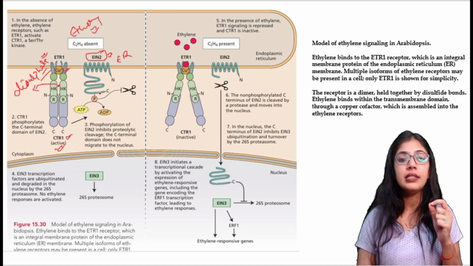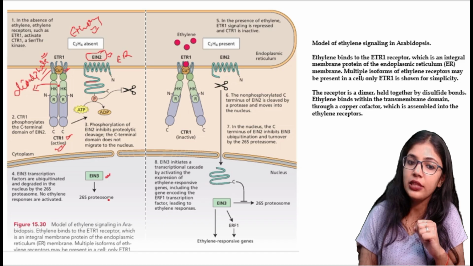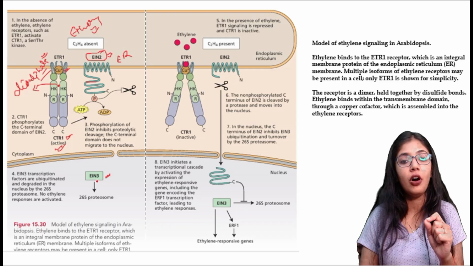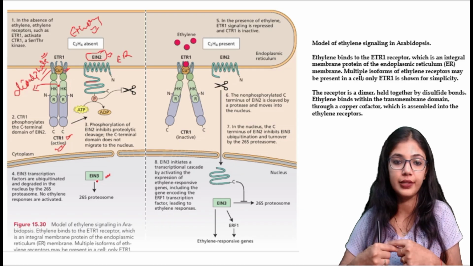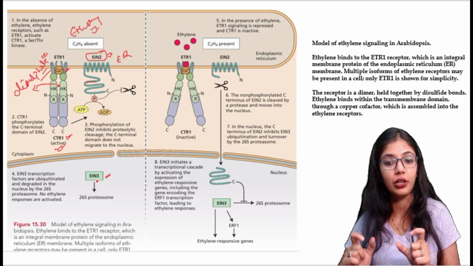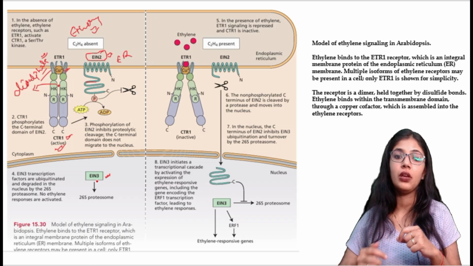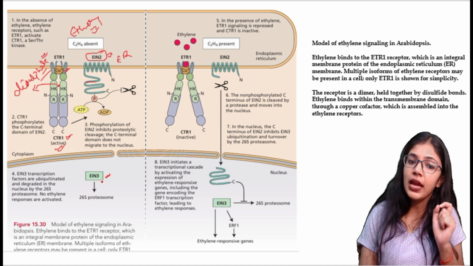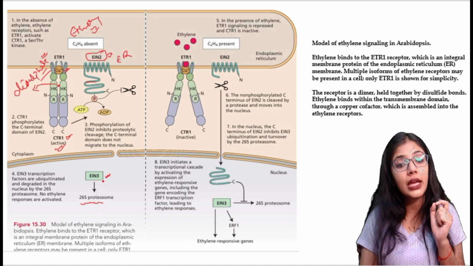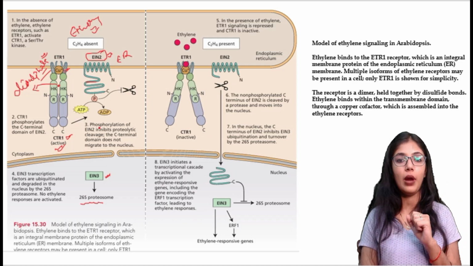Because inside the nucleus there is another factor known as EIN3, which is required for the transcription of the ethylene-responsive genes. Inside the nucleus, this EIN3 is degraded by the 26S proteasome. To protect EIN3 from degradation, the C-terminal of EIN2 is required.